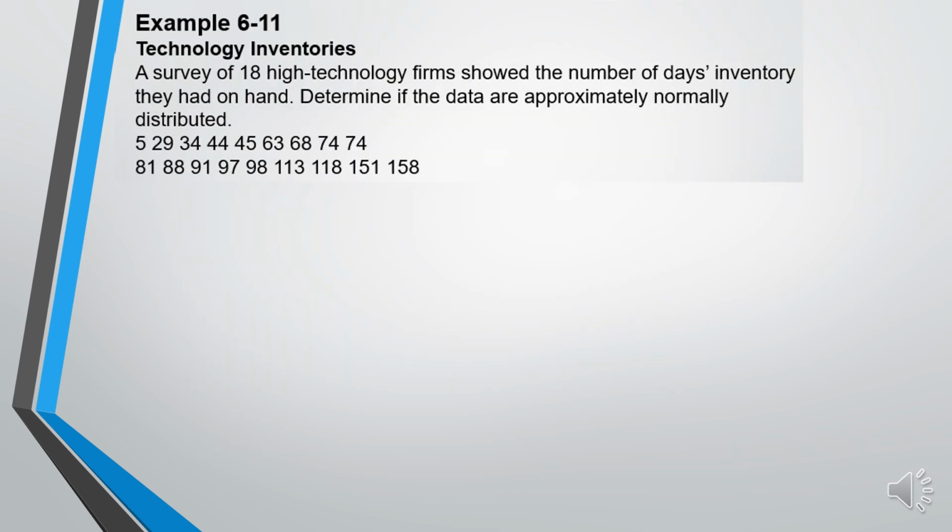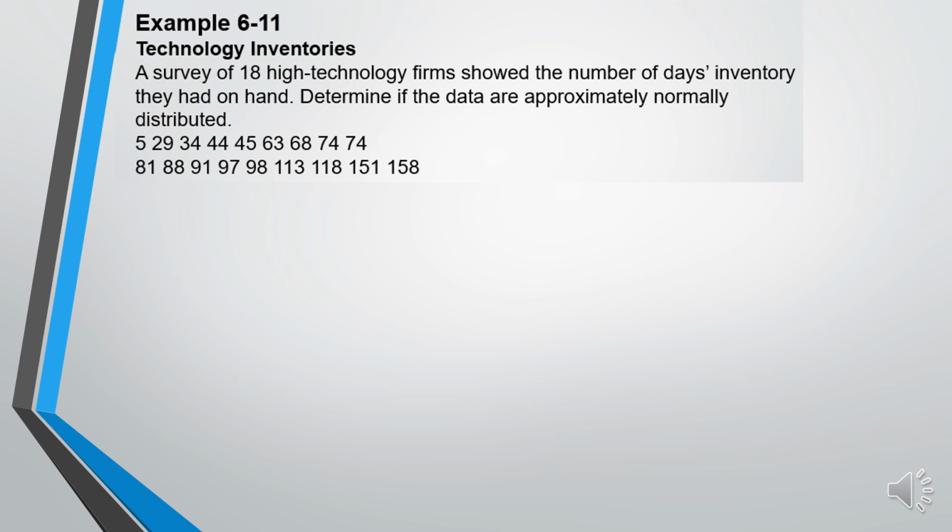Example 6-11. Technology inventories. A survey of 18 high-technology firms showed the number of days inventory they had on hand. Determine if the data are approximately normally distributed.